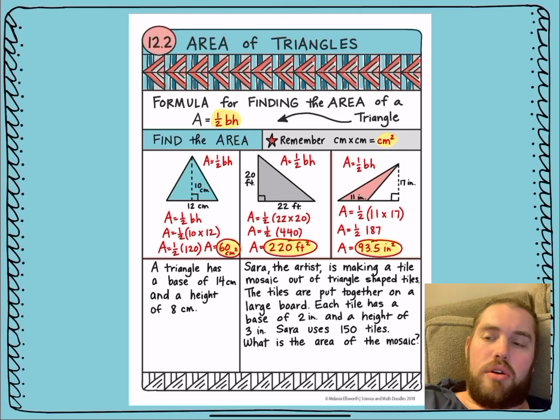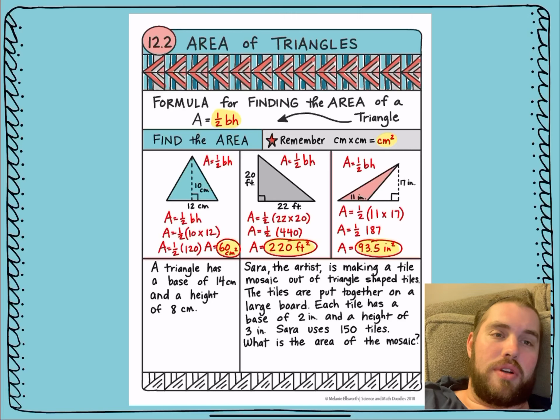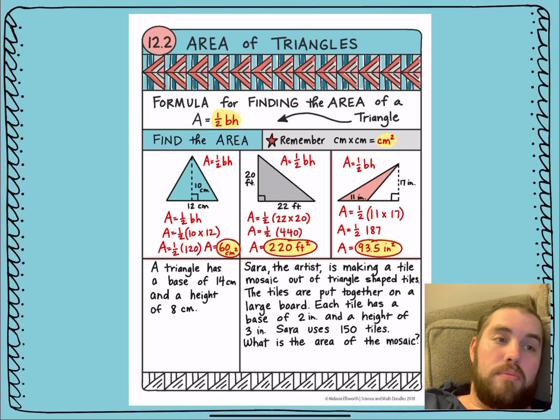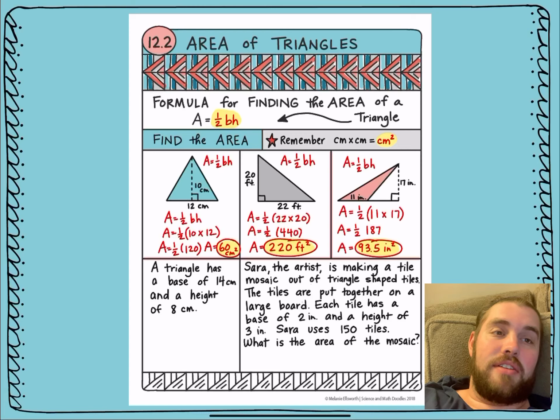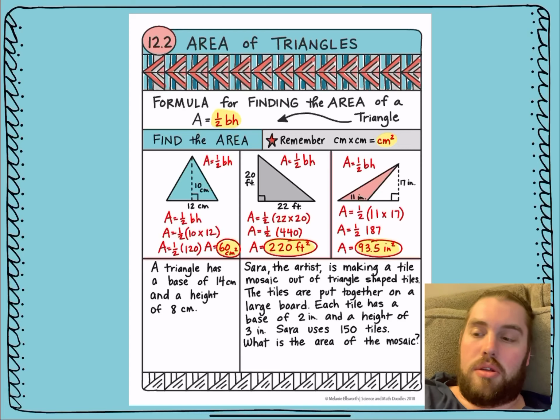It says a triangle has a base of 14 and a height of 8. So same steps. Base times height. 8 times 14 gives you the beautiful number of 112. It's 112 centimeters squared. But then I have to divide by 2, just like I did in all my other problems.